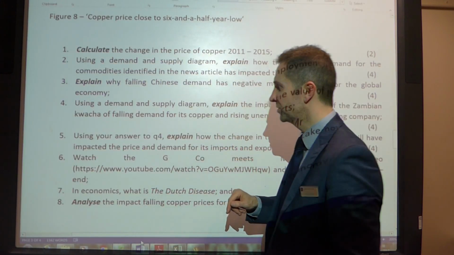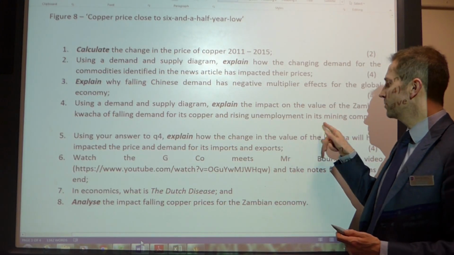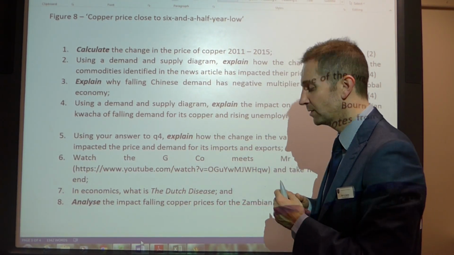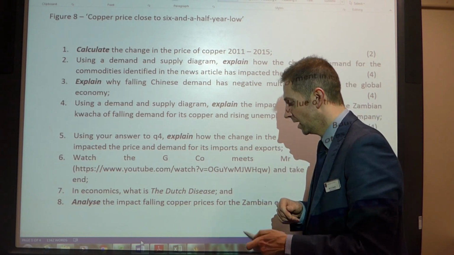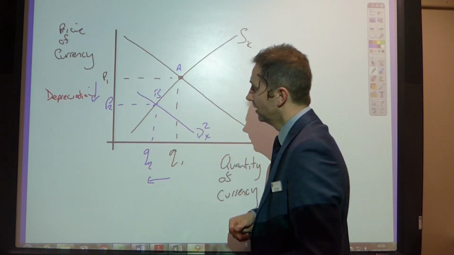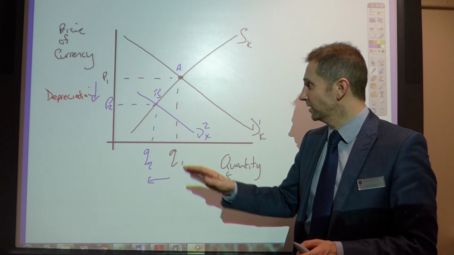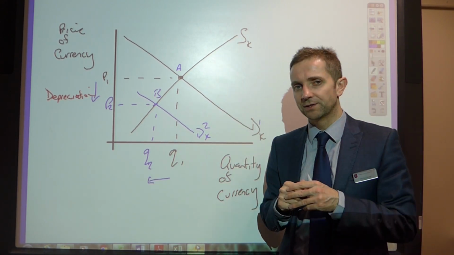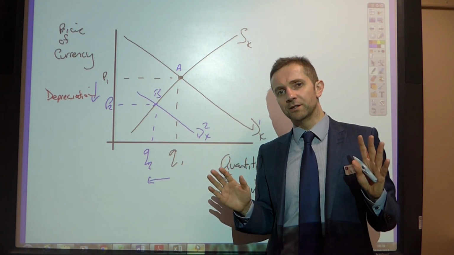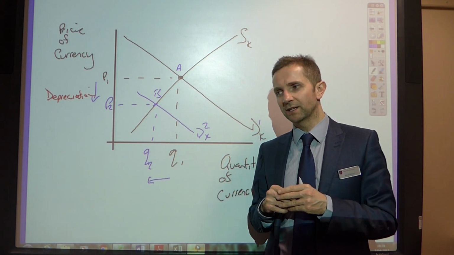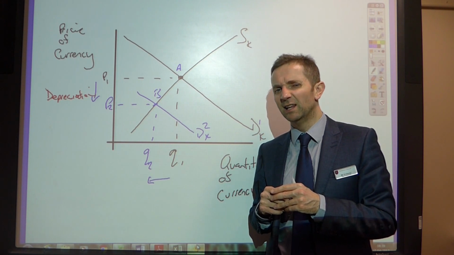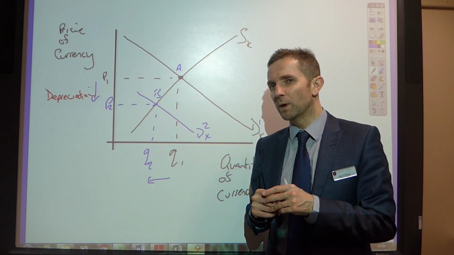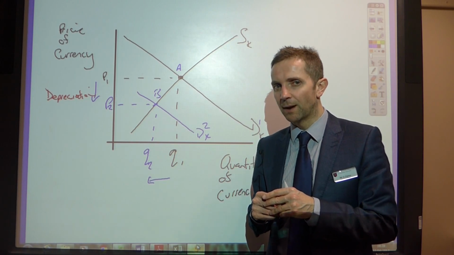However, I've also just thrown in here rising unemployment in its mining company, and would that have any impact on the demand and/or supply of the kwacha? And I say to you, ladies and gentlemen, that that would also have an impact on the supply side, because, let's think about this, if outsiders looking in on the Zambian economy see that things are taking a little bit of a turn for the worse, then they'll think to themselves, we need to get our money out of Zambia.